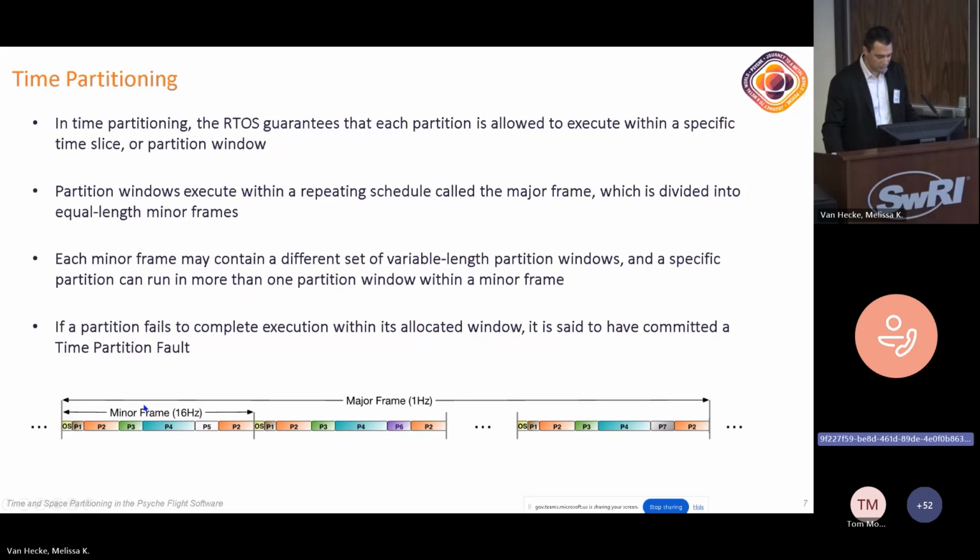And then within the minor frames, we have arrangements of partition windows. You can see in this example, we have a 1 hertz major frame, a 16 hertz minor frame, and then in each minor frame, we can have different arrangements of these partition windows, which are these blocks that have the letter P on them. So if a partition fails to complete its work in its allocated time, it is said to have committed a time partitioning fault.